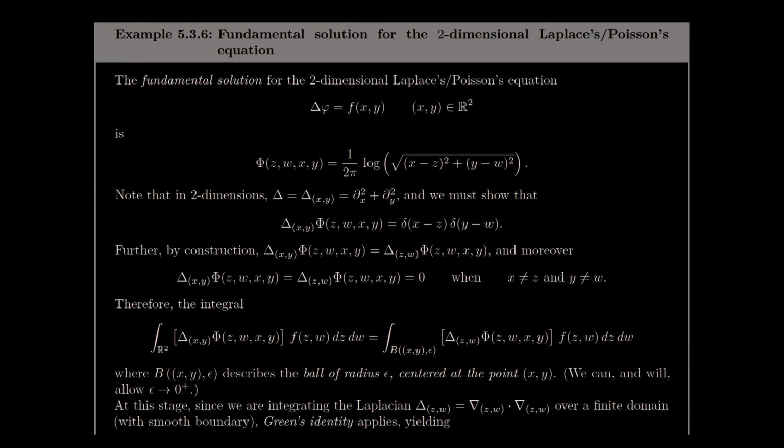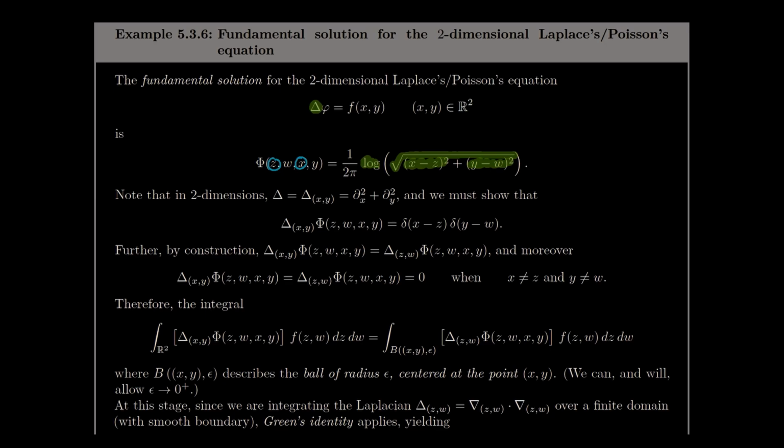So let's take a quick look at this first example where I'm presenting the fundamental solution of the two-dimensional Laplace's or Poisson's equation. In other words, it's the fundamental solution where the PDE operator is the Laplacian. And in two dimensions, what does this look like? It looks like a logarithm of a square root of differences between our variables and their conjugates.